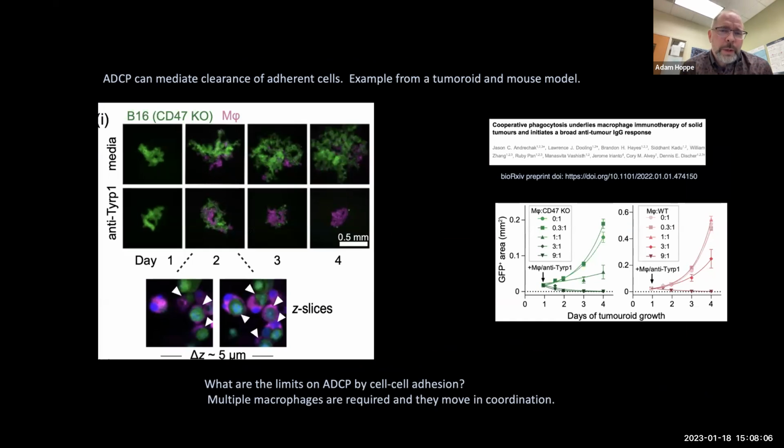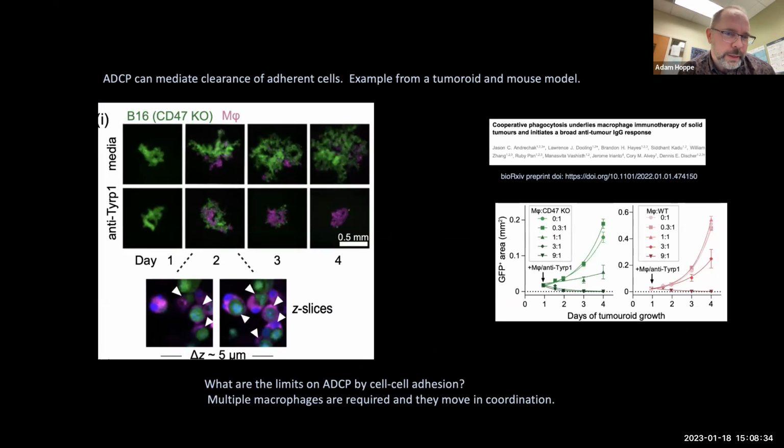Now, what about cells that are adherent, like these pneumocytes, right? These epithelial cells that are in contact with their neighbors and in contact with extracellular matrix. I'm going to point to a very recent paper. It's currently in bioRxiv. I think it's about to come out from the Dennis Discher lab, in which they're looking at a tumoroid model, and then also studying this tumoroid model in mice.